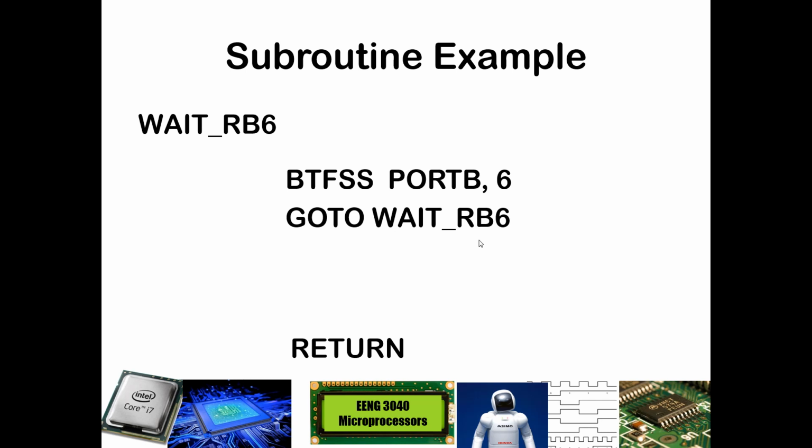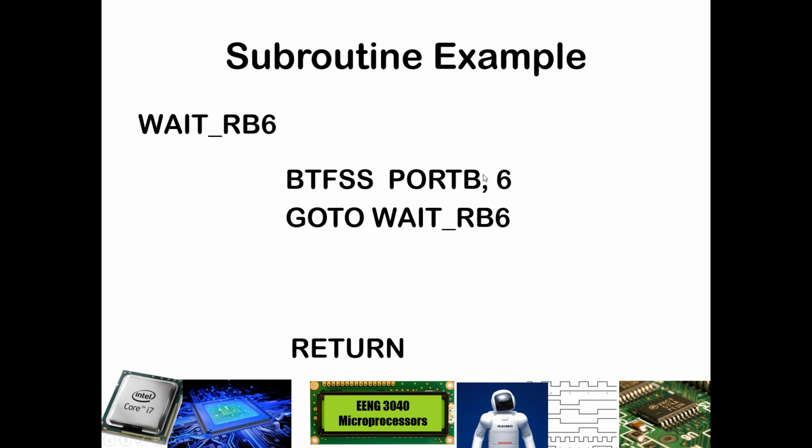This is an interesting example because the label that is used for the subroutine that we got to by calling to get into the subroutine can also be used in a go-to statement. A label is just a label. You can use it with a go-to and with a call. So we're going to call wait RB6.